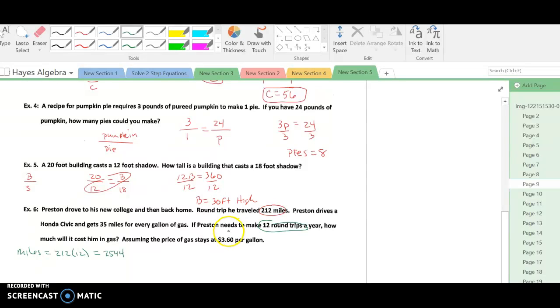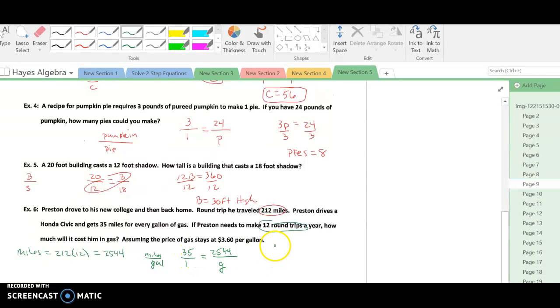Now, if I set up the ratio, when he drives his car, he gets 35 miles to 1 gallon. So we're doing miles to gallons. Now that's going to equal, he has to drive 2,544 miles. How many gallons of gas will that take?